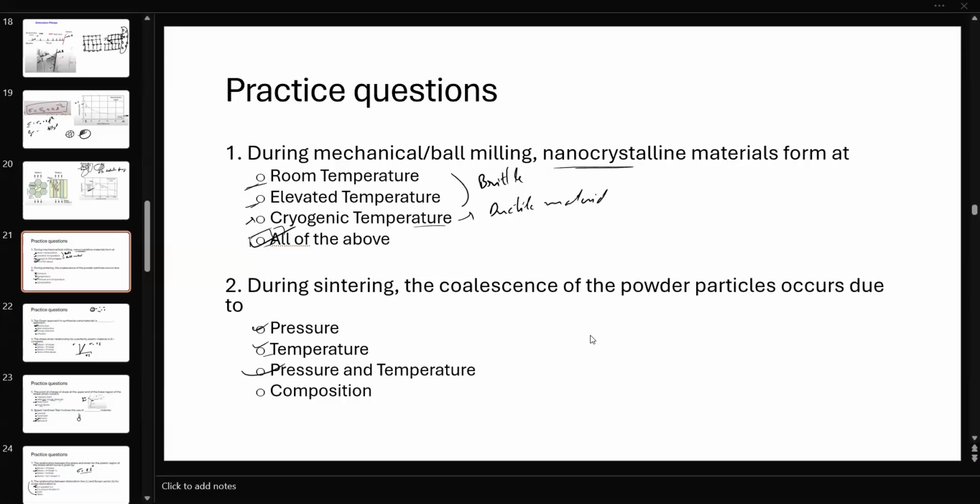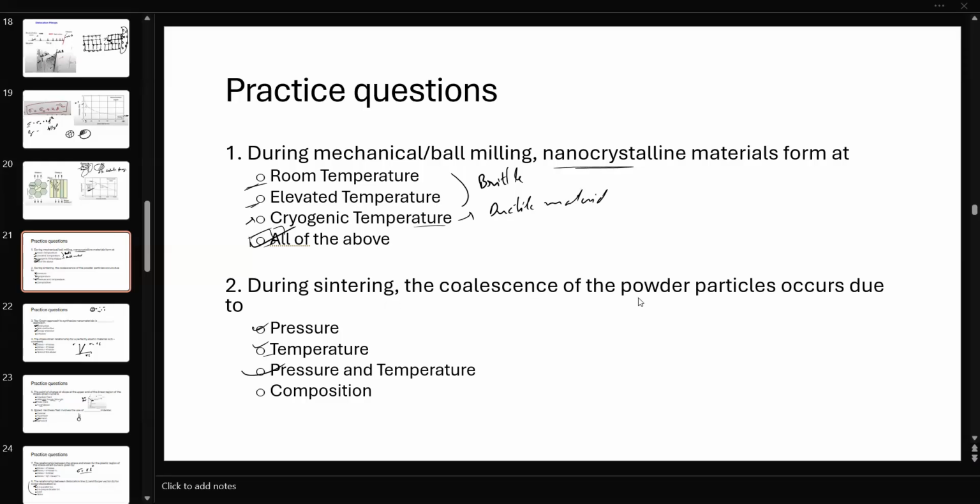So if your sample is very brittle, even at room temperature or elevated temperature, you can get nanocrystalline nanopowder. However, if your sample is very ductile, then you need cryogenic temperature to reduce the ductility of the sample. So all of this depends on what type of material it is.